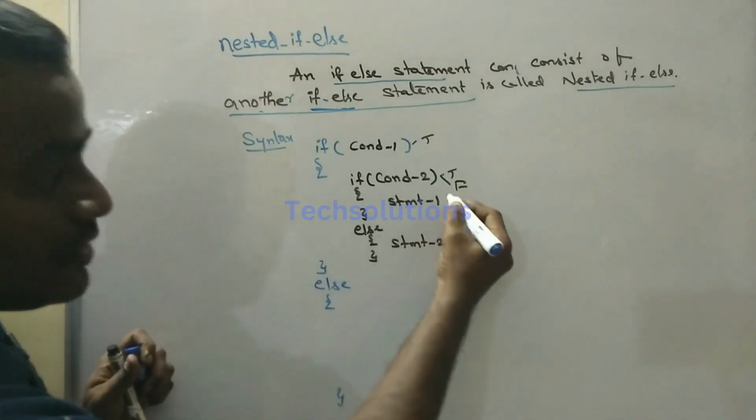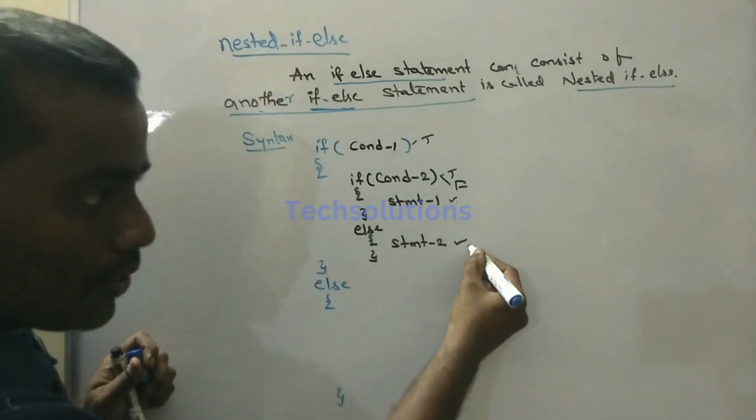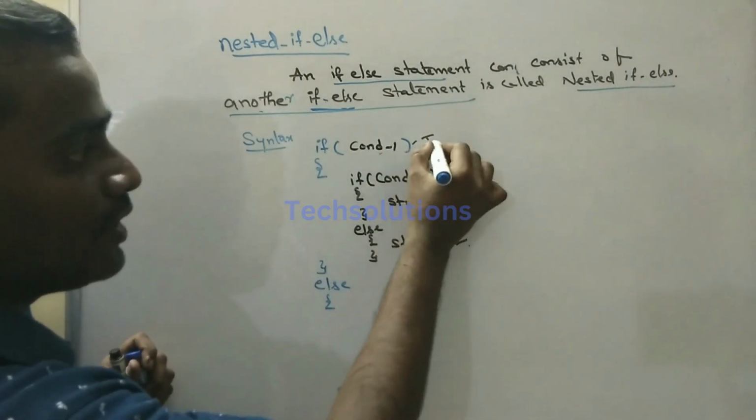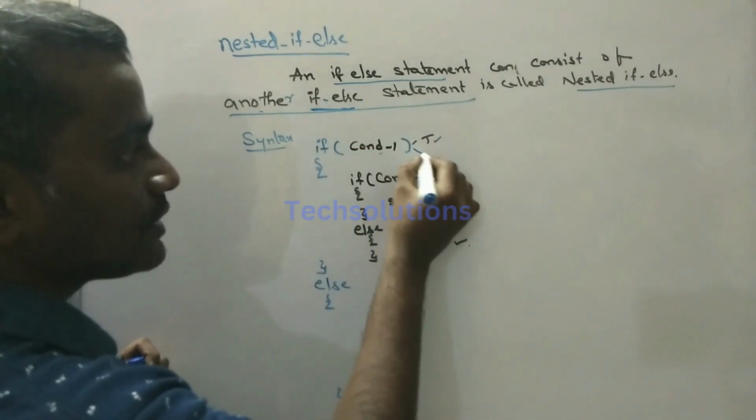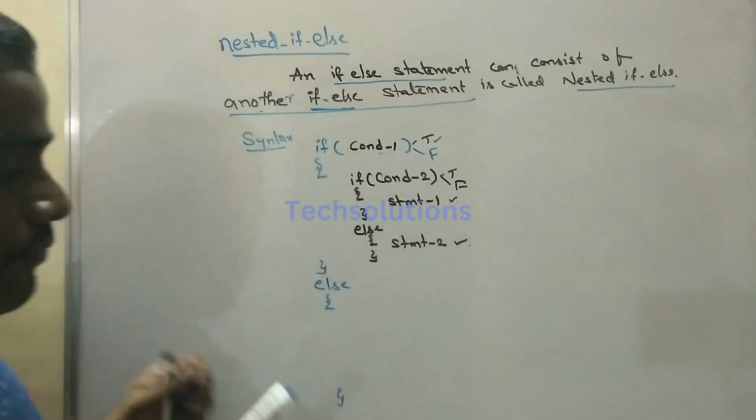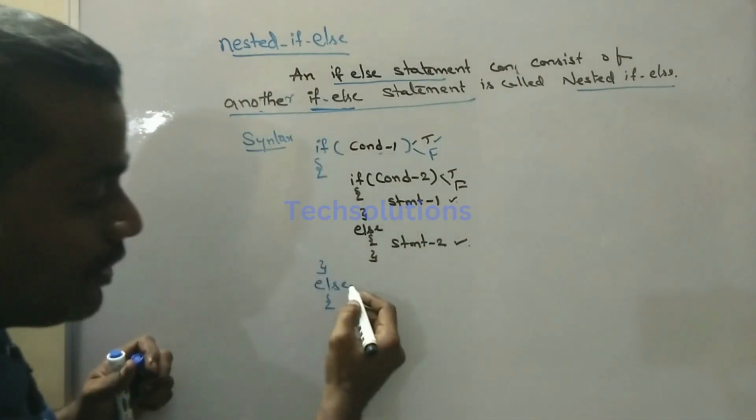Clear? Either statement 1 or statement 2 is executed whenever condition 1 is true. In case condition 1 is false, I come into the else part.